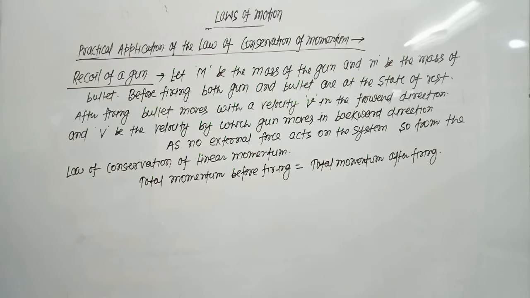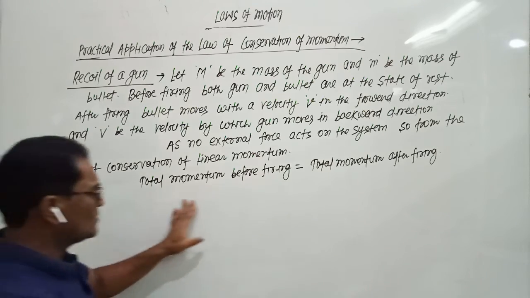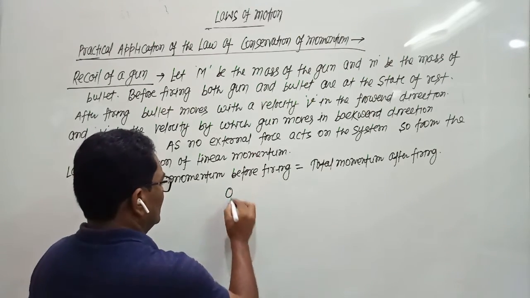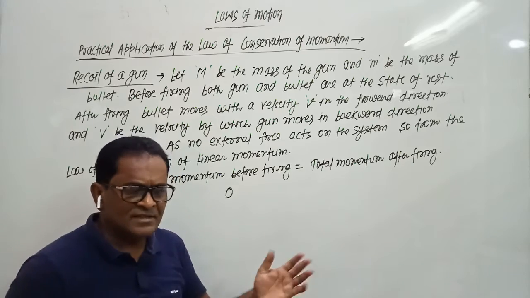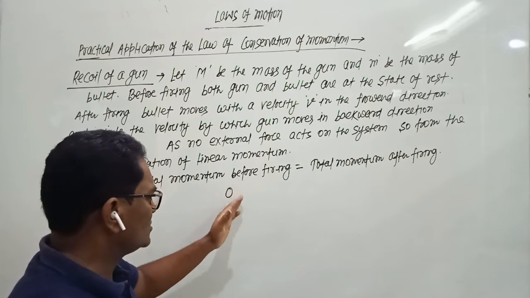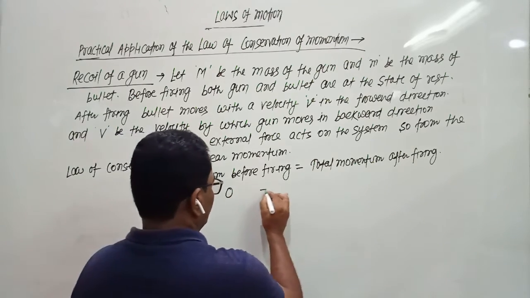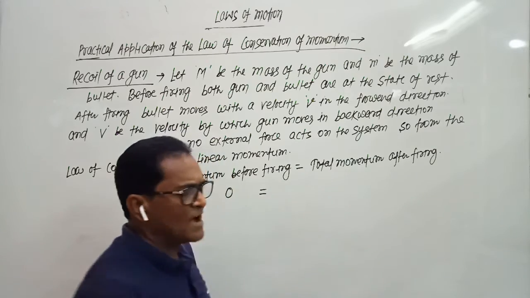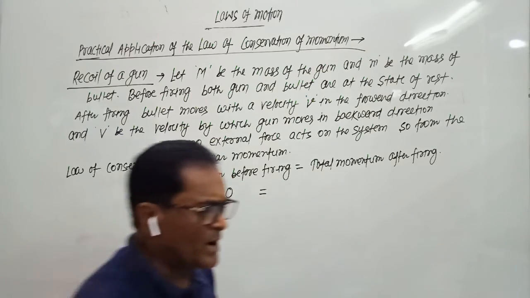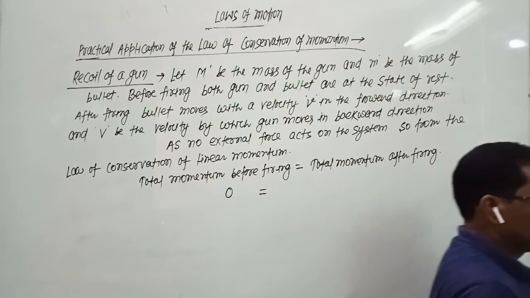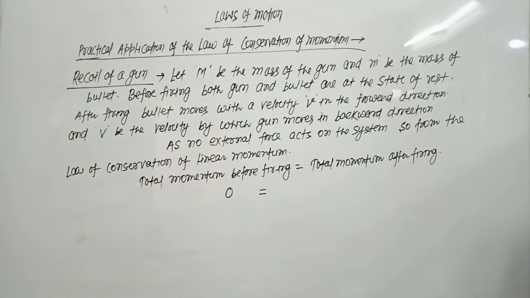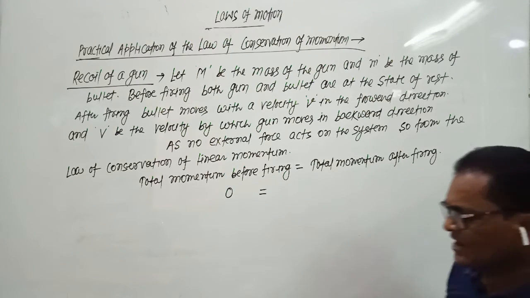And if velocity is zero, then total momentum before firing, which is mass into velocity, becomes zero. And total momentum after firing means momentum of the bullet plus momentum of the gun after firing.